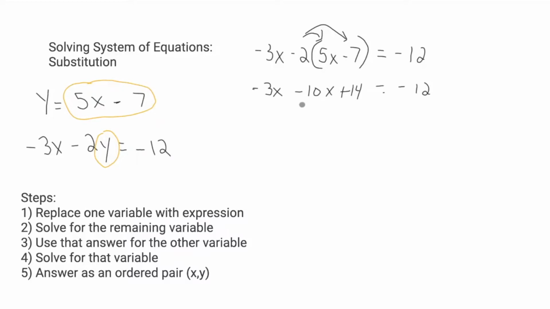Now I'm going to combine my like terms. In this case, I get -3x and -10x, which is -13x. I have my +14 equals -12. I continue solving for x. In this case, I'm going to subtract 14 from both sides.